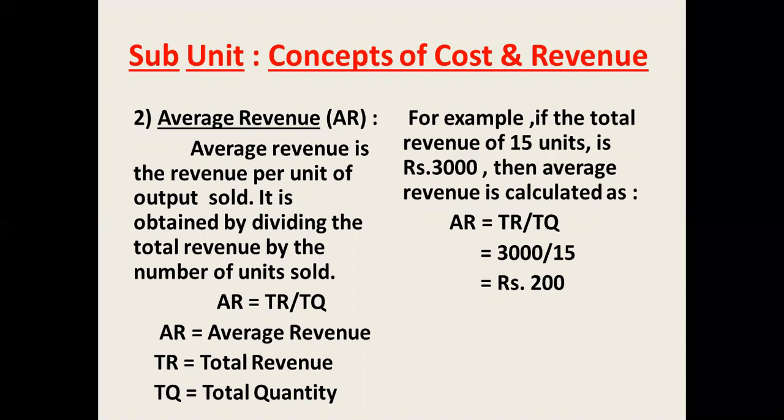He collects a revenue of 200 rupees per unit. That is called the average revenue. Average revenue is one of the most important parts, the single commodity's revenue.